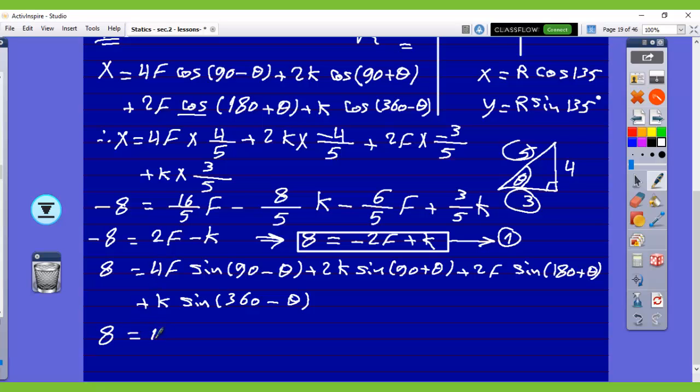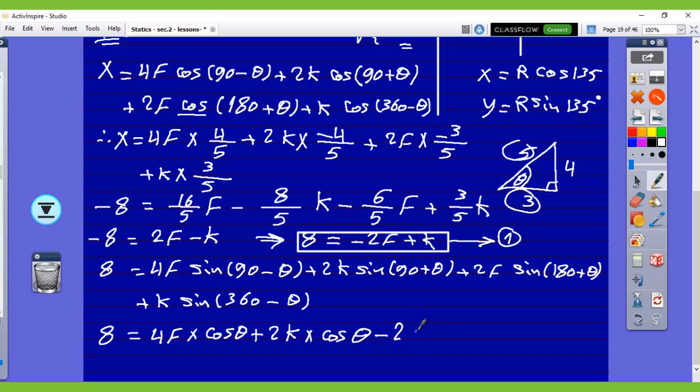8 equals 4f multiply sine 90 minus theta, it is cosine theta, lies in the first quadrant, and sine 90 plus theta lies on the second quadrant, so its sign is positive. 2k multiply sine 90 plus theta, it will be cosine theta, only cosine theta. 2f sine 180 plus theta, it lies in the third quadrant, so it is negative.